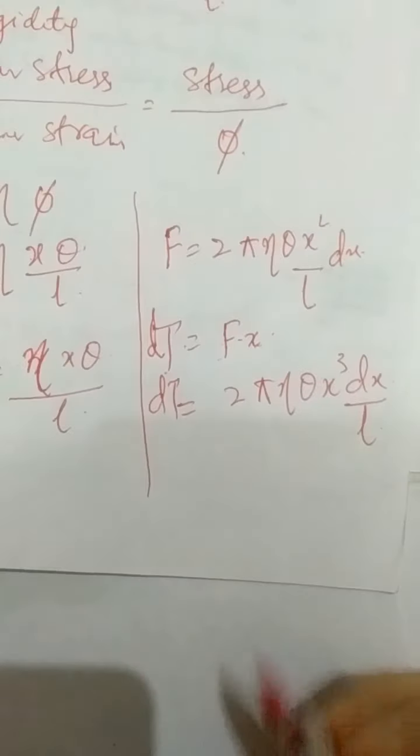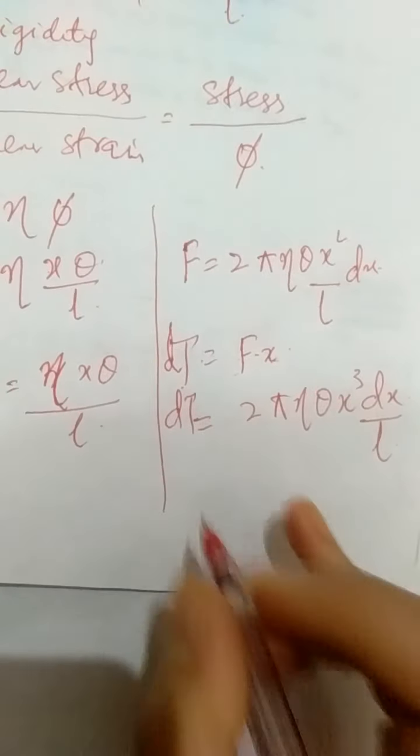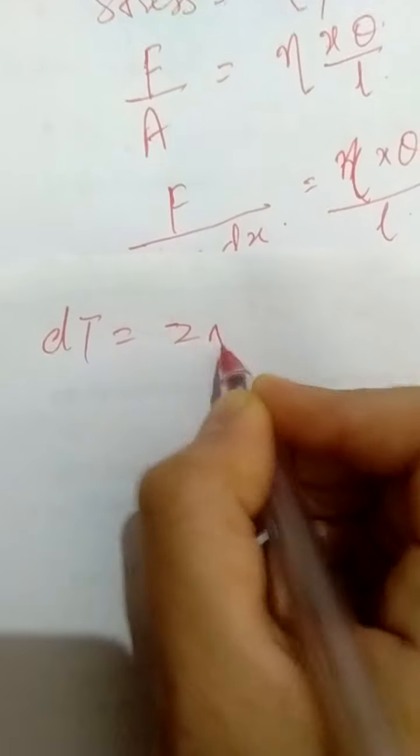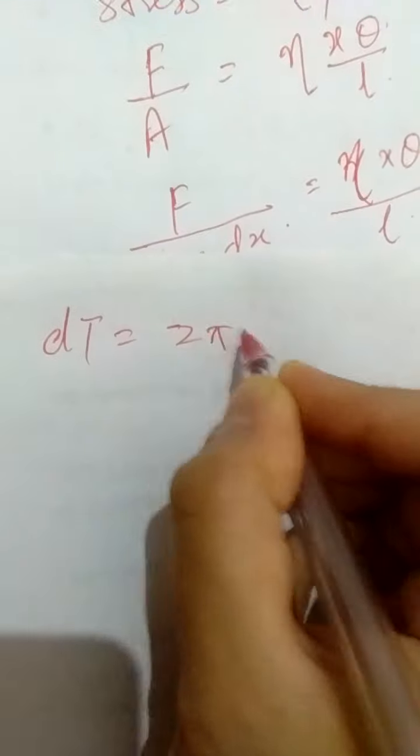If we are interested in finding the total torque, that will be given by the integration. So we'll do that on the next page. Let us rewrite this expression: d tau is equal to 2 pi eta theta x cube dx by L. Once we do the integration to find the total torque, 2 pi eta theta by L are all constants, they will come out.